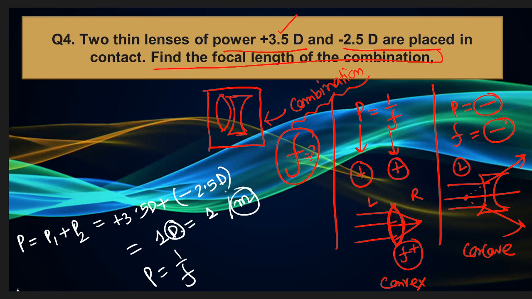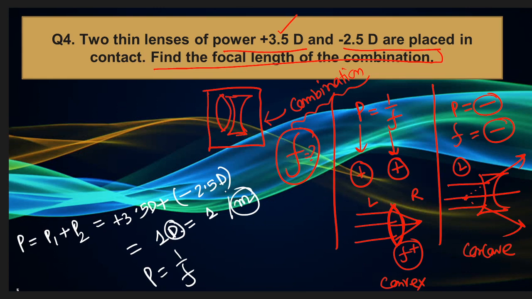The near point of a hypermetropic person is 75 centimeter. Okay, so let's try to solve this question. Suppose this is our eye. For a normal eye, near point is 25 cm.